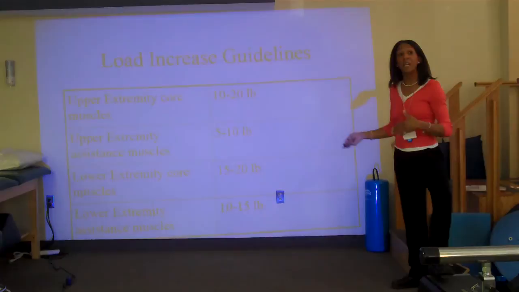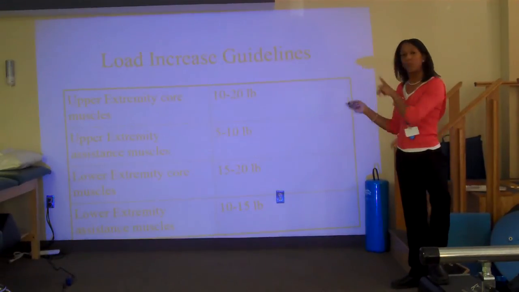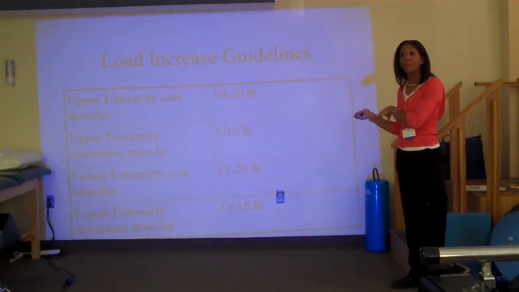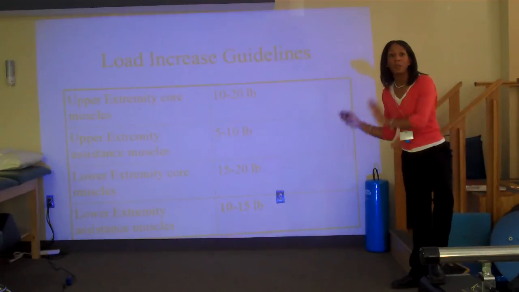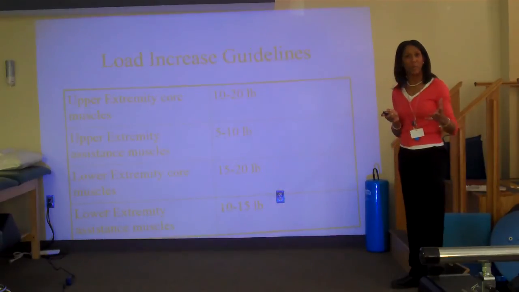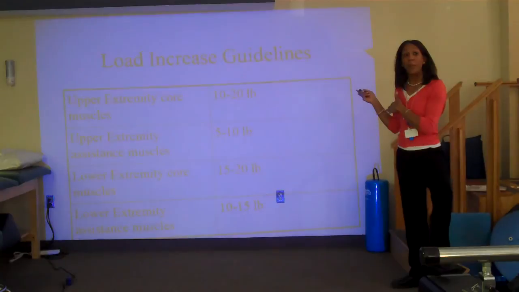So here are some of the guidelines, because it does change between upper extremity and lower extremity. The next slide will actually break it down for you. The NSCA has gone one step further and updated these guidelines to show you what to do with a less fit individual versus a more fit individual. If you're looking at an upper extremity core exercise, a non-small muscle group, you can increase 10 to 20 pounds.